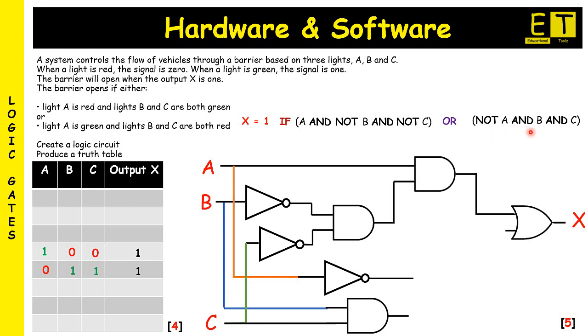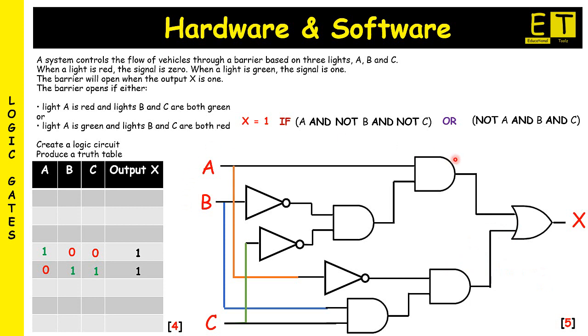Now we've got an AND joining not A and B and C. So that means we need one AND gate that will join the not A and the B and C logic gates together. So here we would insert an AND gate and then join that to the OR gate.